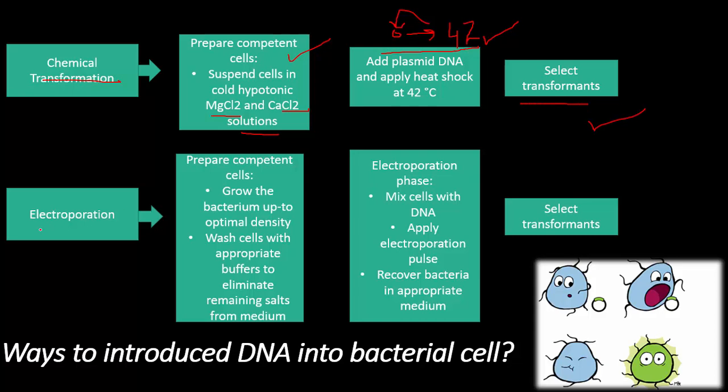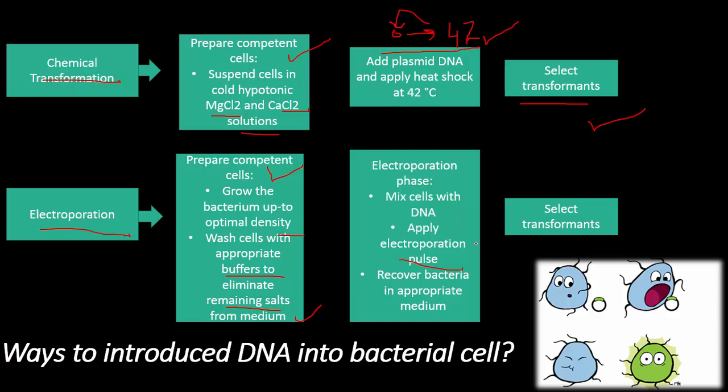In electroporation, first we prepare our competent cells, we grow the bacteria to optimal density, then we wash the cells with appropriate buffer to eliminate remaining salt from the medium, and then we give them an electroporation pulse.